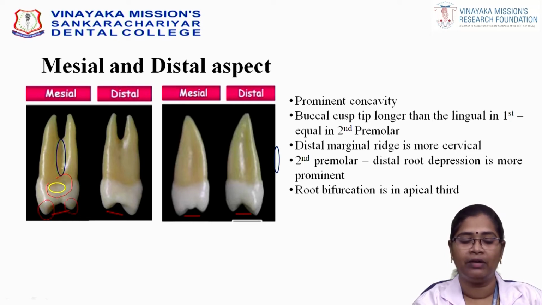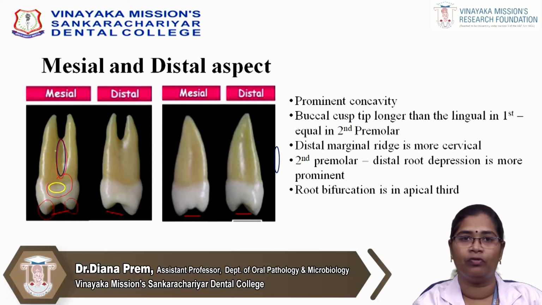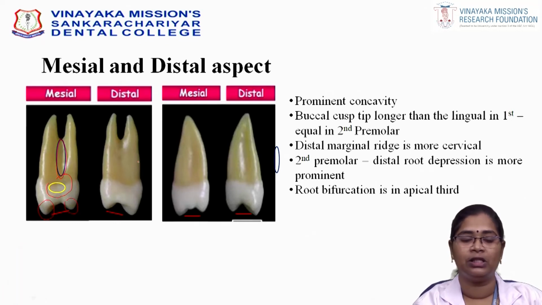There is another concavity on the root surface of the mesial aspect called the mesial depression on the root, which is more marked in a maxillary first premolar on the mesial aspect, and absent on the distal aspect.